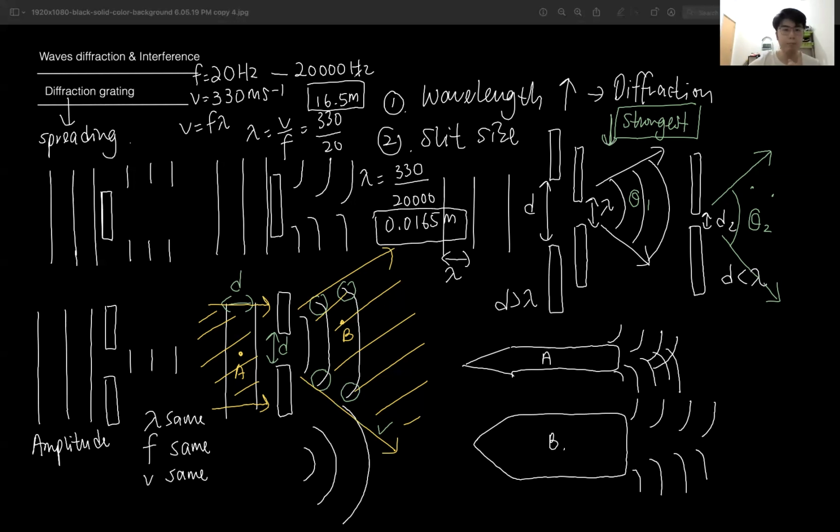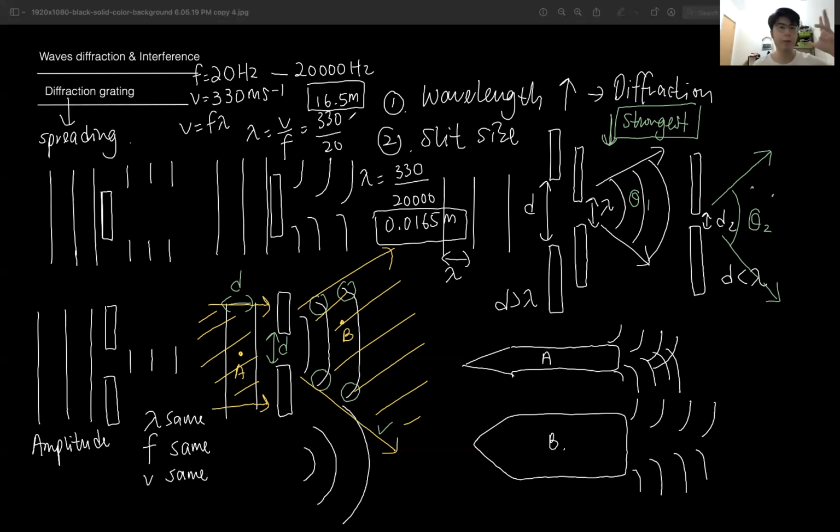That is why you hear sound from the corners. On the other side of the corners, you still hear the sound because the sound is actually diffracting around us. Everything around you, the distances between obstacles is almost lying in this range between 0.0165 to 16.5 meters. So the sound can diffract easily in our surroundings.